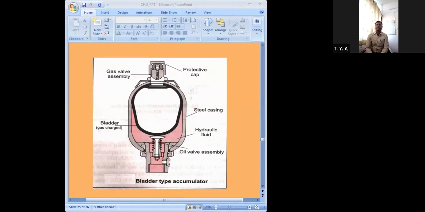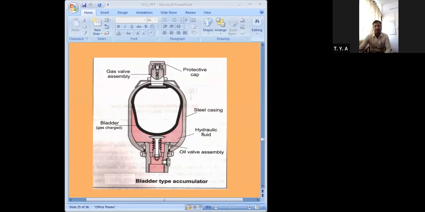If you see this figure, you will come to know that it consists of a bag, or you can call it a bladder, of a synthetic material, which is pre-charged with gas to a predetermined pressure, and this bladder is placed within this accumulator.